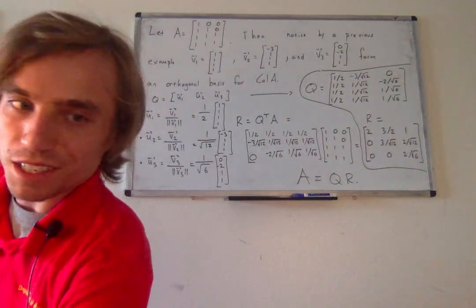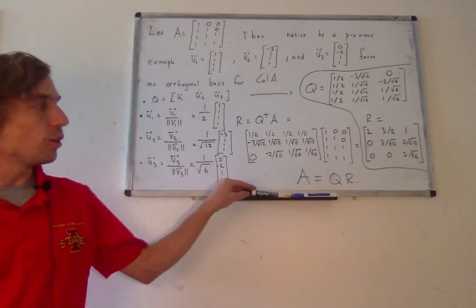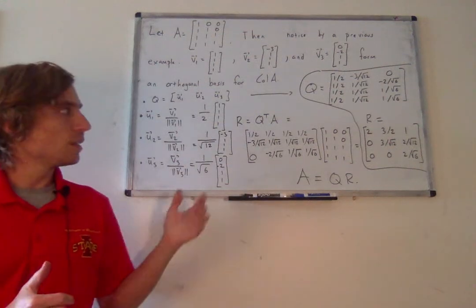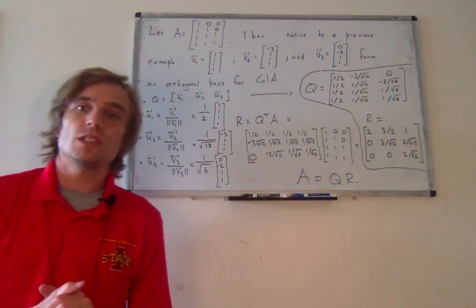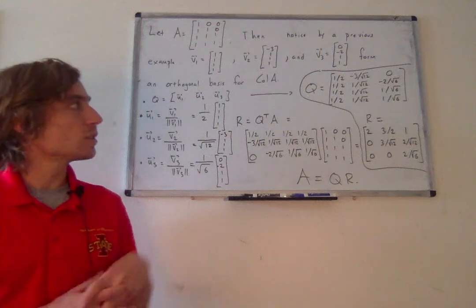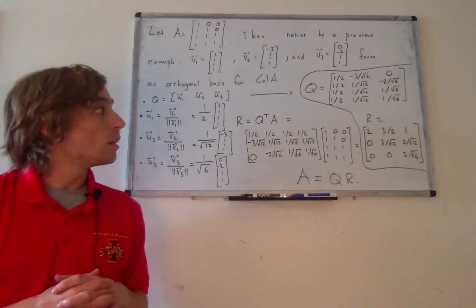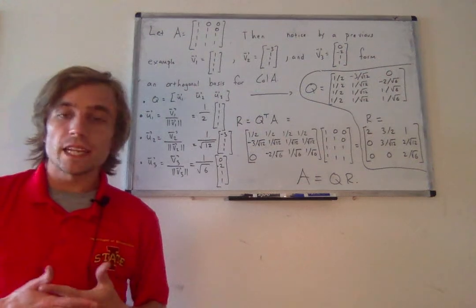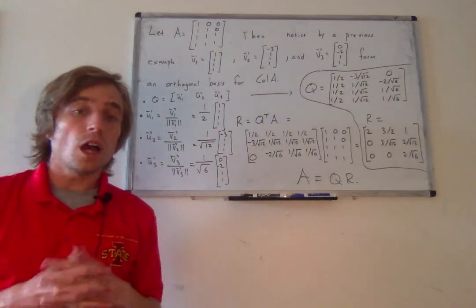So as you can see, by hand, this is maybe a little involved, but certainly this possesses some nice properties. Upper triangular matrices are always nice for finding eigenvalues and solving systems of equations. As you've already seen, in a lot of applications, matrices with orthonormal columns are very nice.